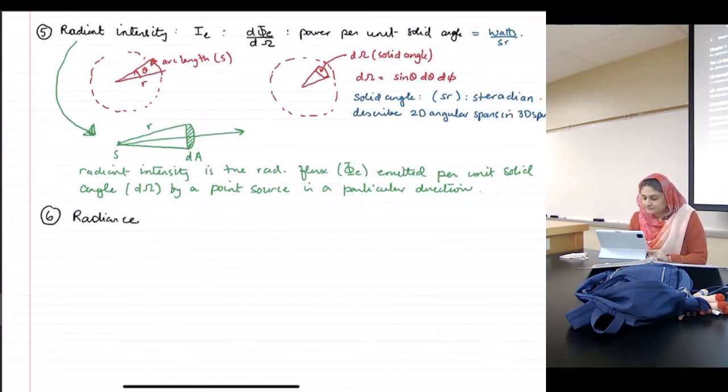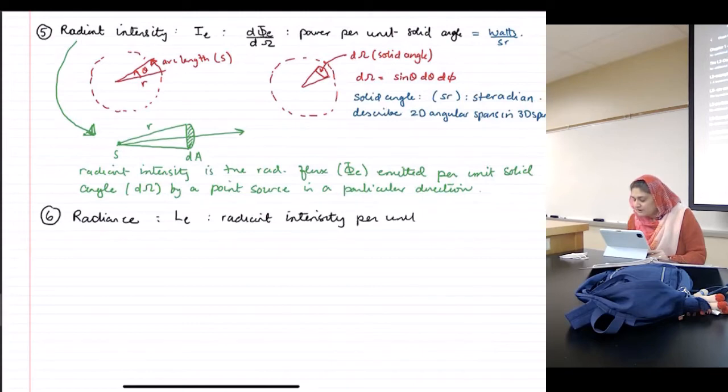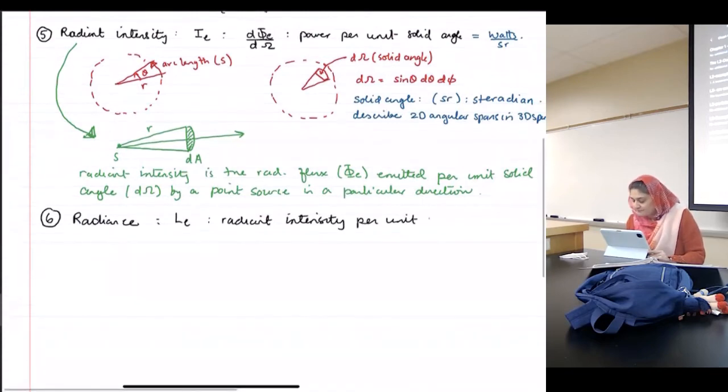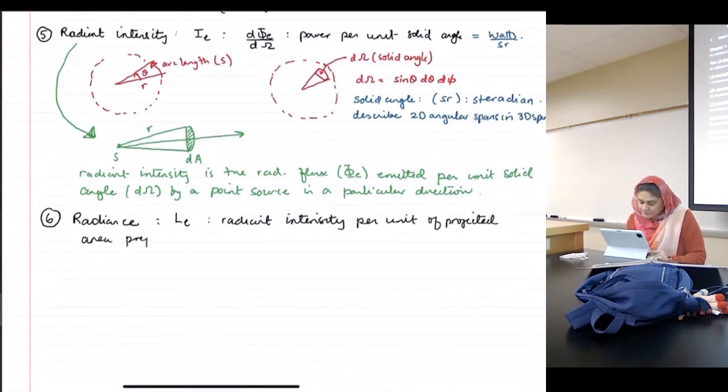Radiance. The symbol for radiance is L_E. It describes the radiant intensity per unit of projected area perpendicular to the specified direction.